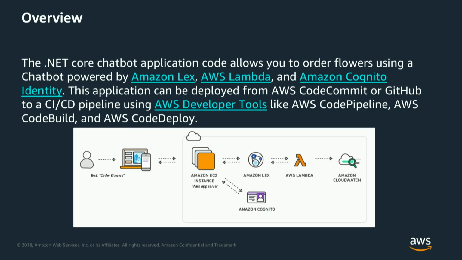So the .NET Core chatbot application code allows you to order flowers using a chatbot powered by Amazon Lex, which is the service consumed by Alexa, AWS Lambda, Amazon Cognito Identity, and above all, the full CI pipeline that supports the actual development and release and deployment into build, QA, production, or dev environments, right?